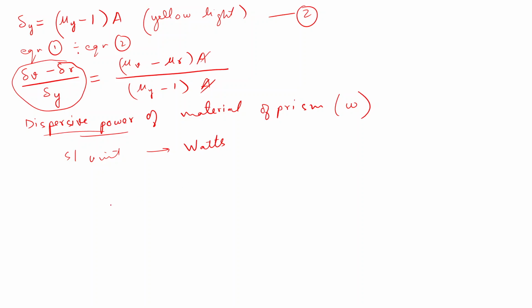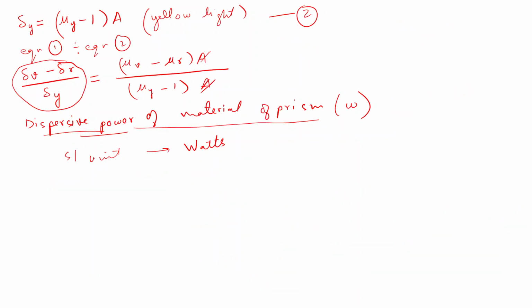Okay, so this ratio of angular dispersion for any two wavelengths of light to the deviation of the mean wavelength, which is yellow, is known as the dispersive power of the material of the prism. So this is how we define dispersive power of the material of the prism, and this is the relation.